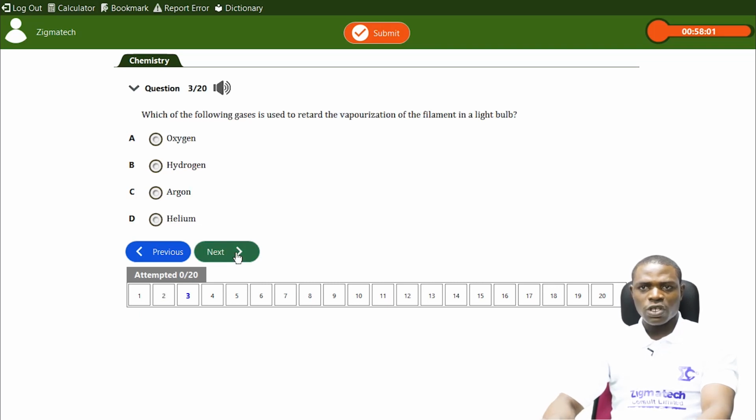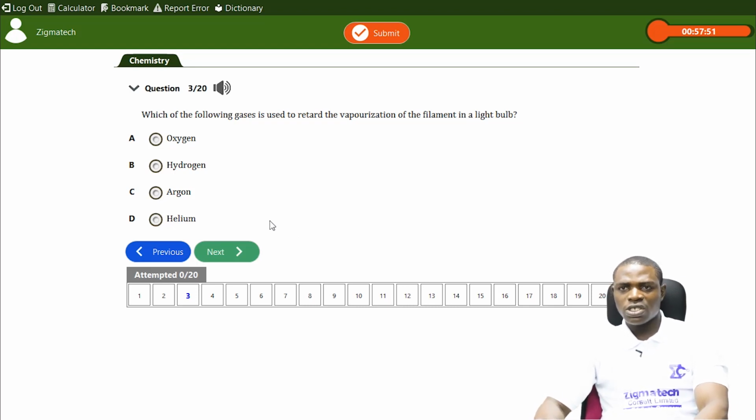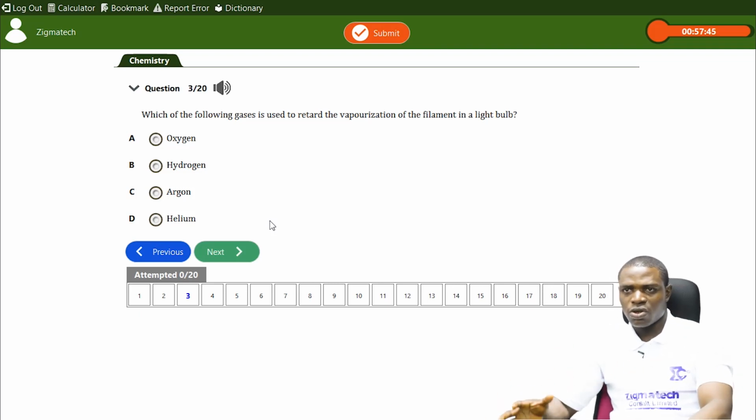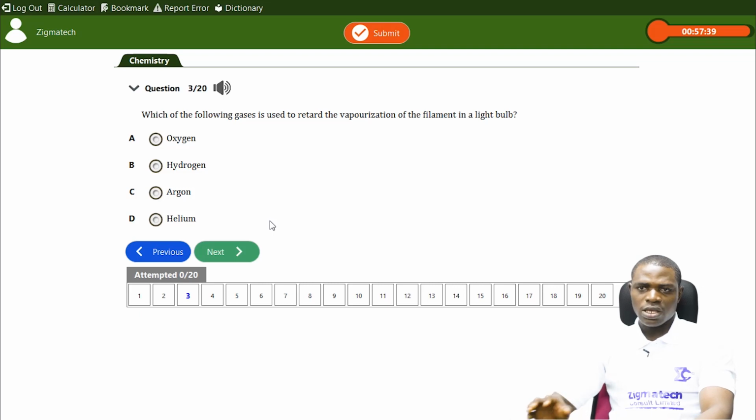In question 3, which of the following gases is used to retard the vaporization of the filament in a light bulb? They give us options of oxygen, hydrogen, argon, and helium.